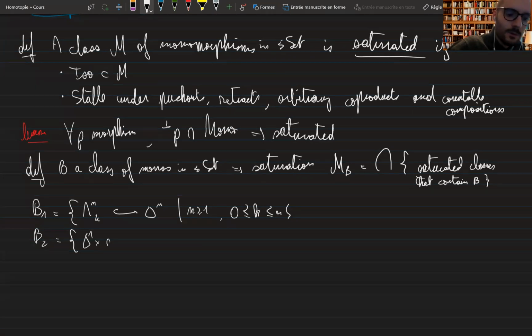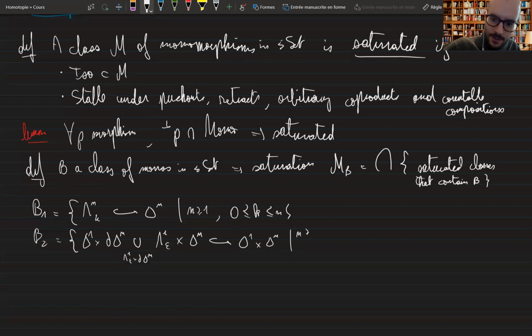I will draw a picture. Let me write it and then I explain. Including inside delta 1 cross delta n, where n is at least 0 and epsilon is either 0 or 1.